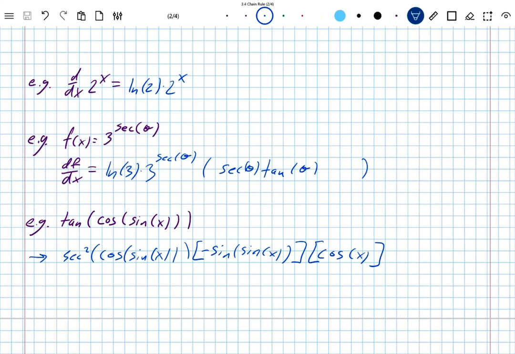For whatever reason, a lot of students, it doesn't make sense, and then it clicks.